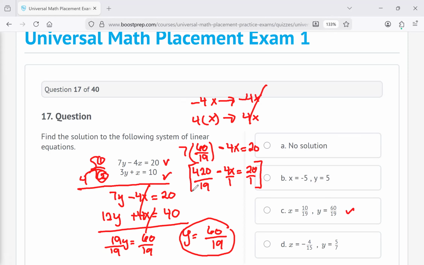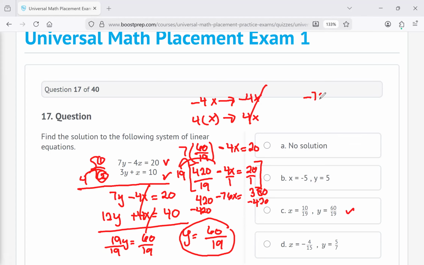And then multiply everything by 19 to get rid of the fraction. So 19 times 420 over 19 is 420. 19 times -4 is -76. And then 19 times 20 is 380. Okay, so to solve for x, subtract 420.